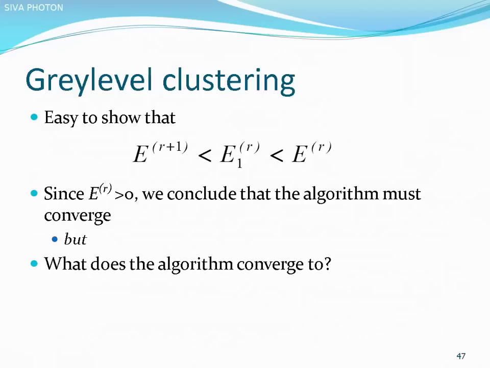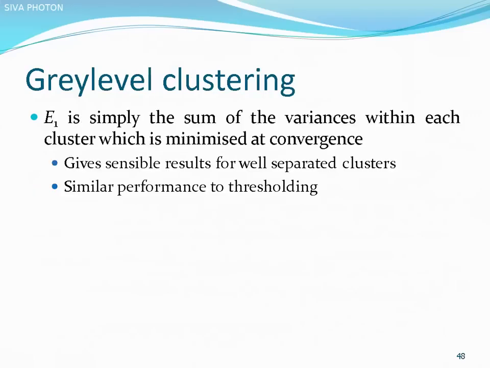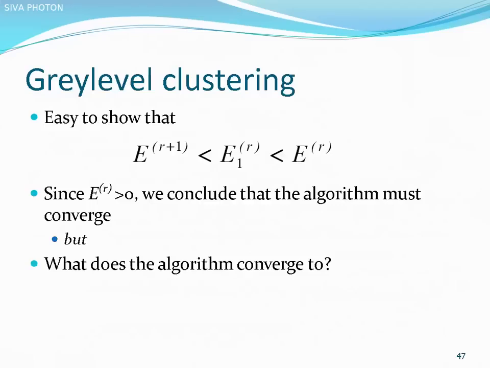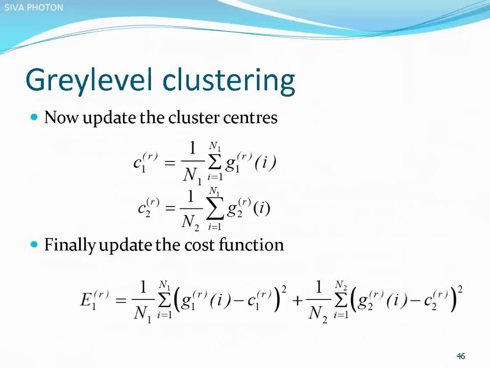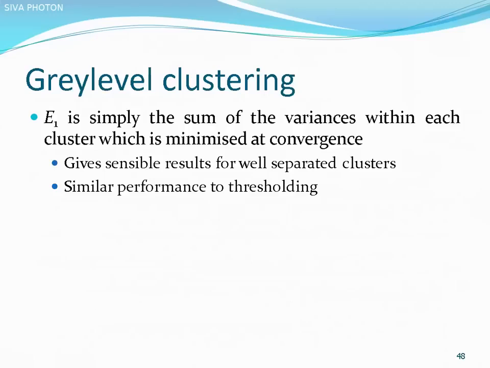So we conclude that the algorithm must converge. Now we are going to see what it converges to. It converges to E1. E1 is nothing but the updated cost function. That E1 is nothing but the sum of variances within each cluster.